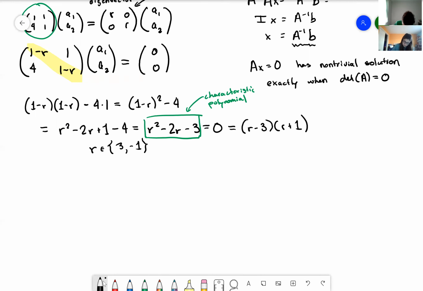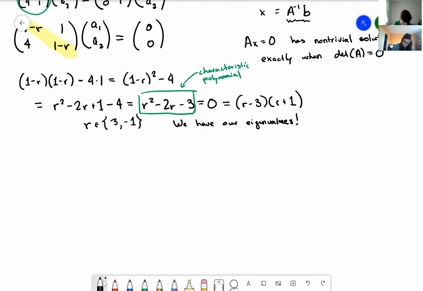All right, so we have our eigenvalues! We have solved a simple version of the type of problem you will see in 322 about halfway through the semester. Okay, so what do we do with these eigenvalues?